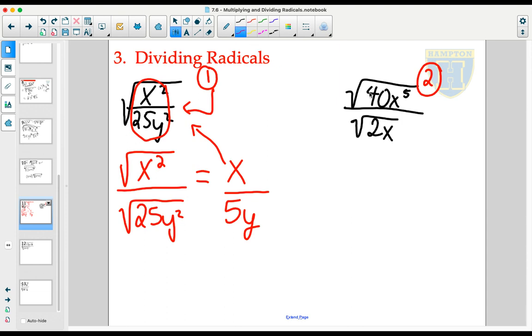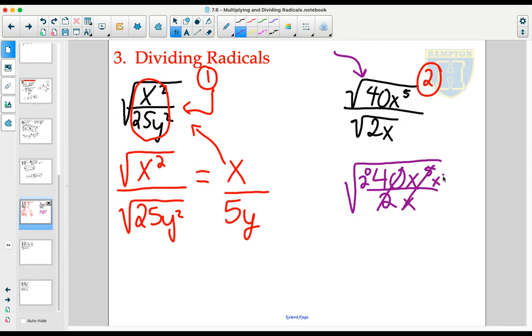In our second example, we already have the two separate radicals. I could do some work here, but it's going to be easier for me to simply imagine combining these two together and doing the simplification from there. So I'm going to take those two radicals and combine them into one. This will turn into 20.